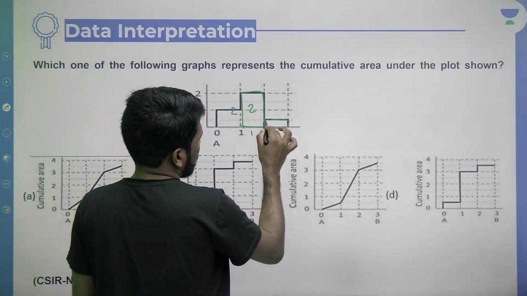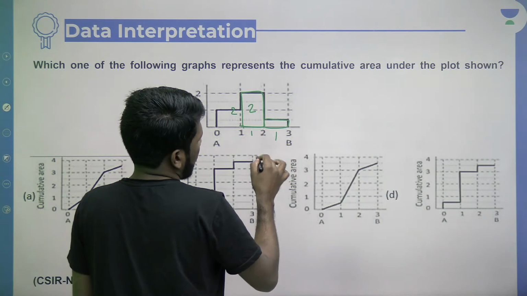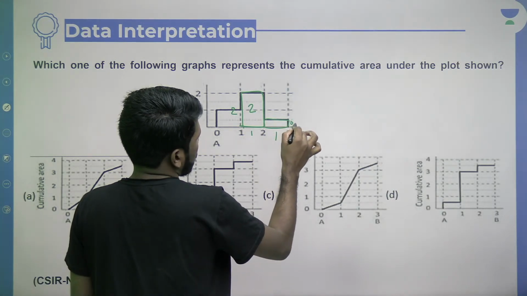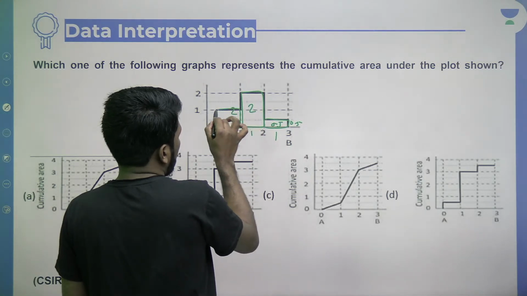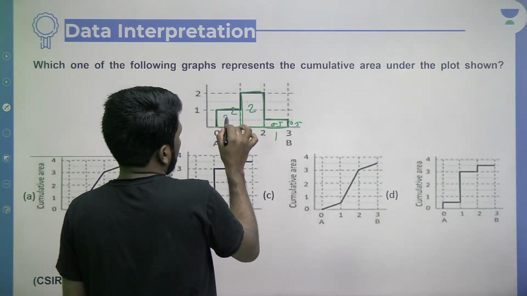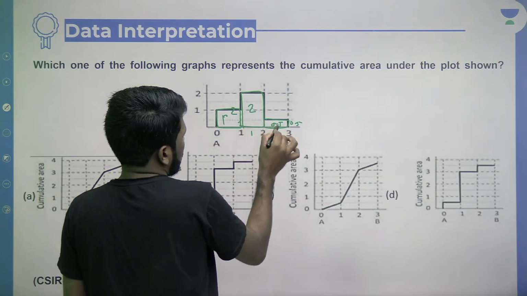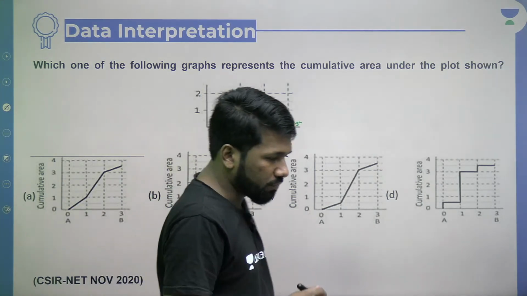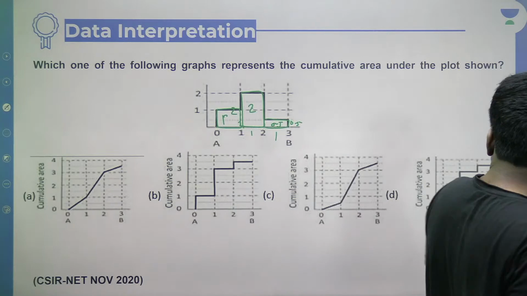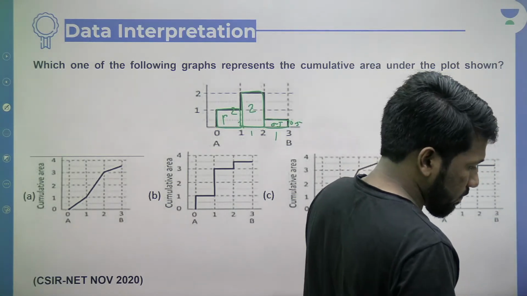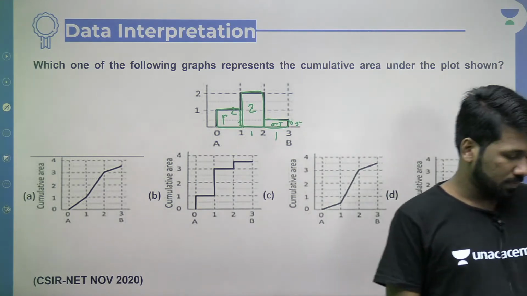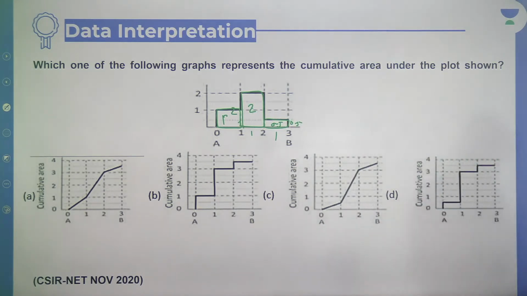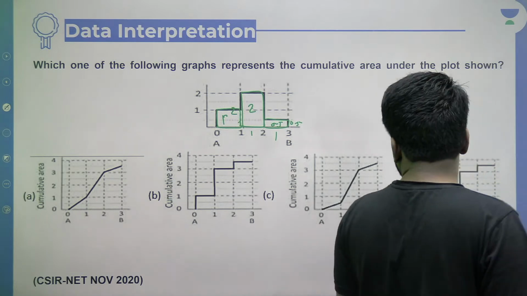And this will be 2 to 3, 1 value into half, 1 into half, 0.5. And this is 0 to 1, 1 into 1. So 1 into 1, 1 area, 1, 2, 0.5, adding up to 3.5. That is our original graph. I hope it is clear now. It's a very good question. So option A will be the correct answer.